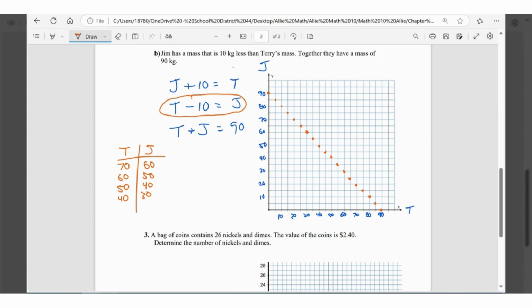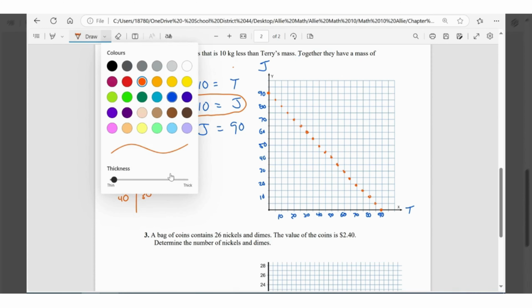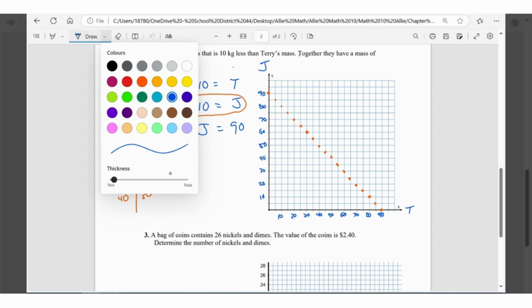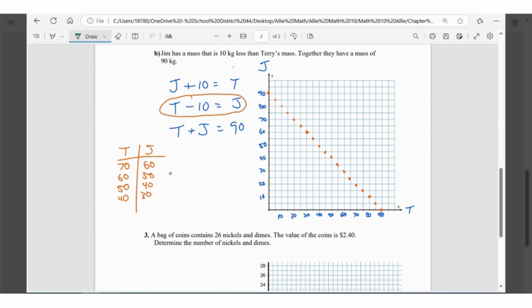And let's plot these points. So we have a point at, here we go, Terry is 70 and 60. Point up there. Let's do another color. Okay, so we had 70, 60. Let's do our next point at 60, 50.